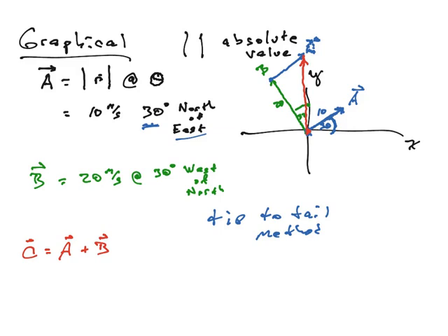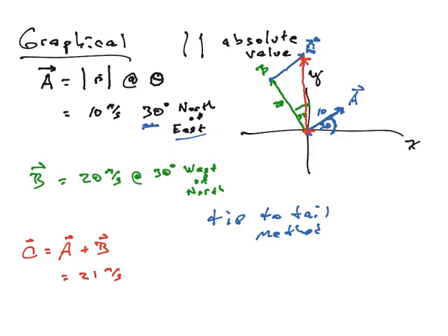And in order to figure out what it is graphically, you take your little ruler and you'd measure, okay, how long is this arrow? And then you compare it to the scale you used for vectors A and B, and you get some number. I don't know, maybe it's, let's say 21 meters per second or something. I'm not sure what it is. But it's some new magnitude.